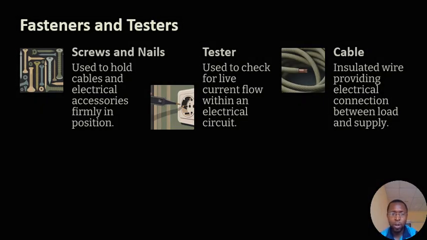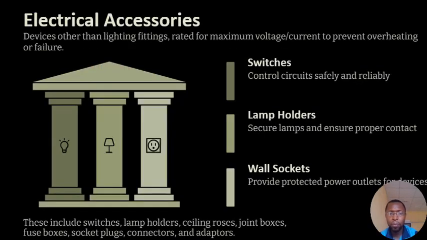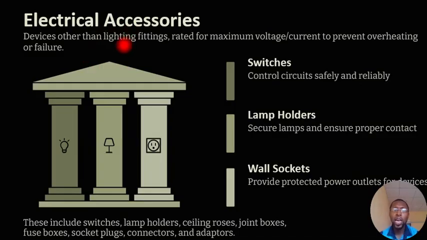Now let's talk about electrical accessories. Electrical accessories are devices other than lighting fittings. That means they are not lighting fittings like your lamp or your bulbs. They are devices rated for maximum voltage and current to prevent overheating or failure.